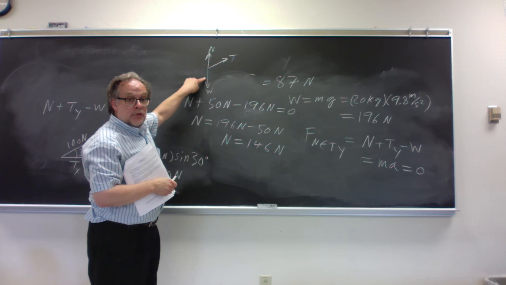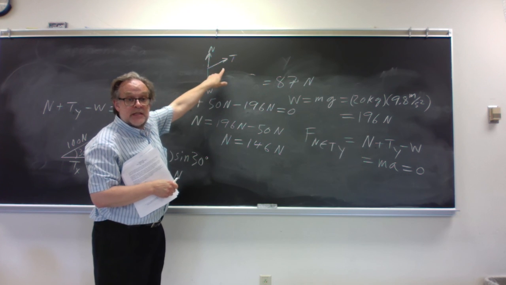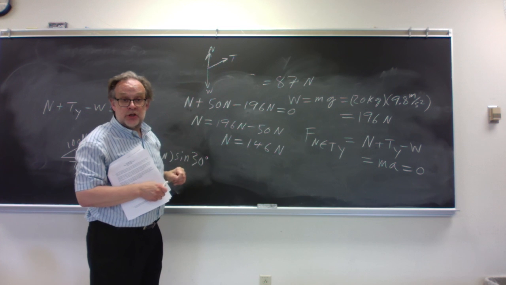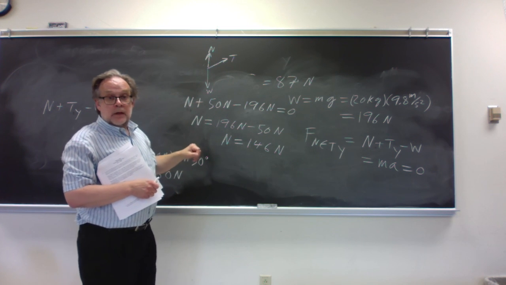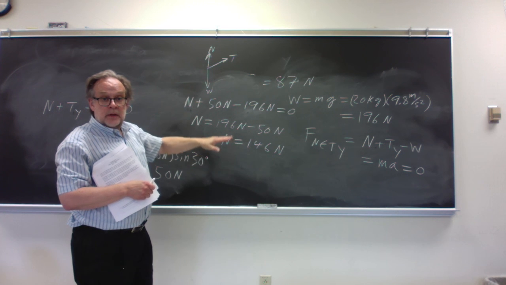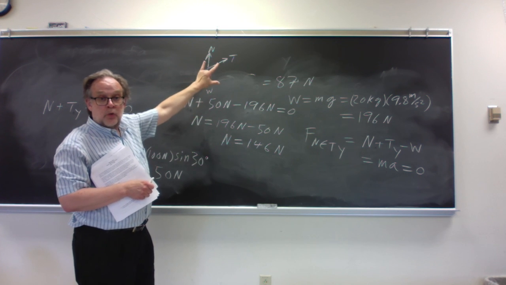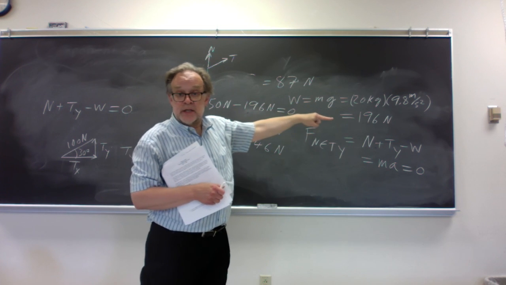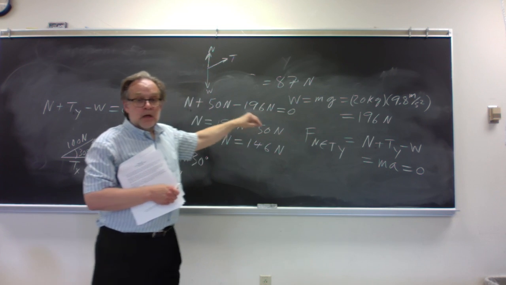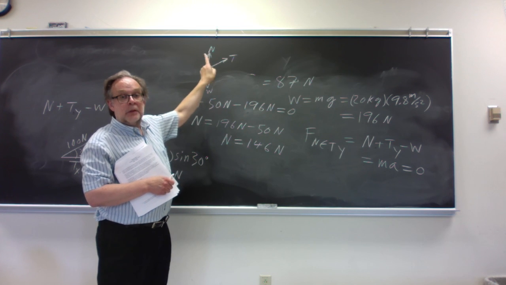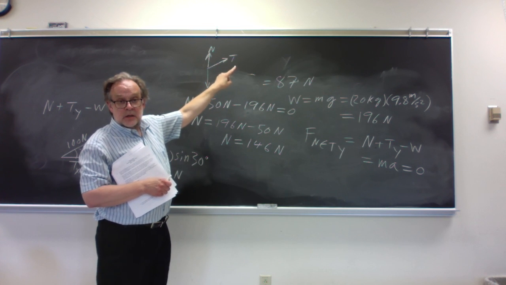In trying to cancel out the weight, the normal force gets some help from the upward vertical component of the tension. So since the net force is 0, that means the total upward force has to equal the total downward force. The total downward force is just 196 newtons of weight, but the total upward force is normal plus the y component of tension.